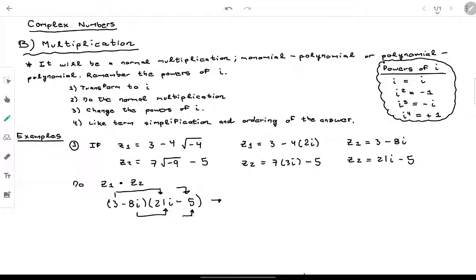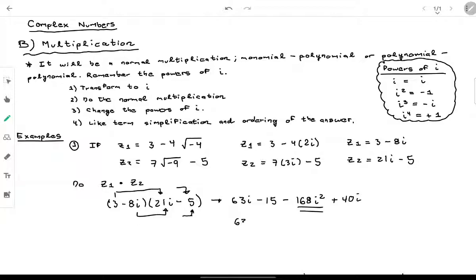So it's going to be 3 times 21, 63i; minus 5 times 3, minus 15. Then minus 8 times 21 is minus 168i squared. And finally, minus times minus is plus 40i. What happens next? We need to transform the powers of i.